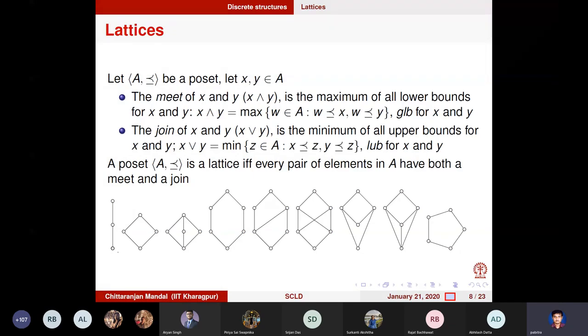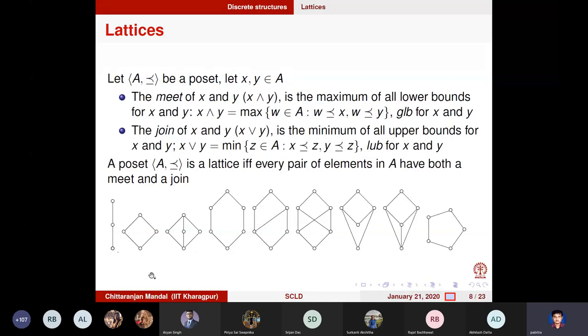When things are comparable, the top one is the join and the bottom one is the meet. So don't bother about them. Only critically look at the non-comparable elements.